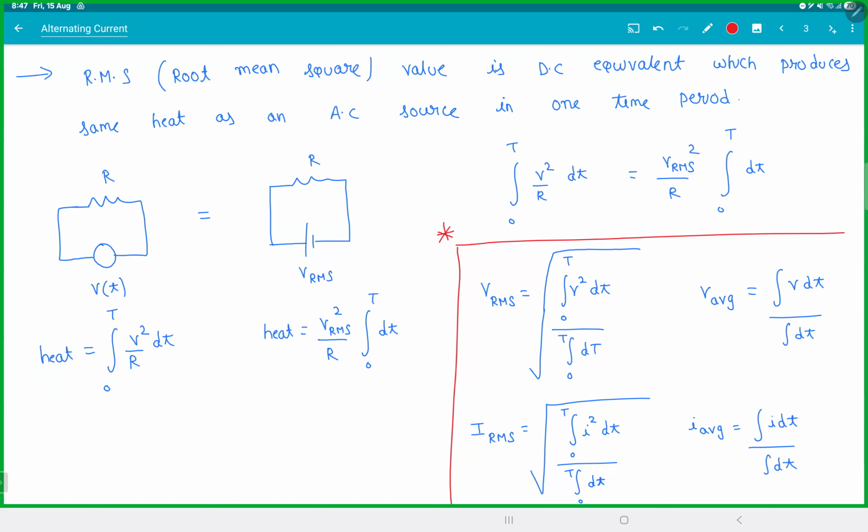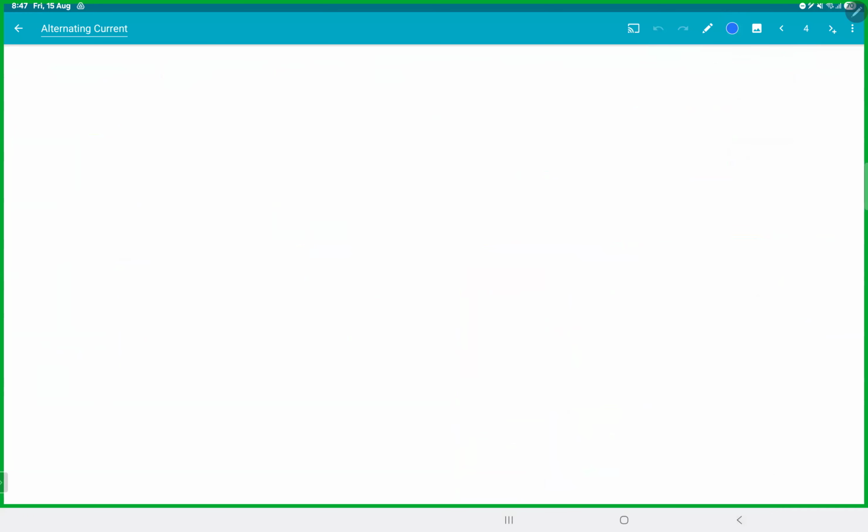Next thing. Let's see some questions. So if you have a voltage V is equal to V naught sine omega t. Standard result, you should definitely remember this. Find VRMS and V average for any half cycle.